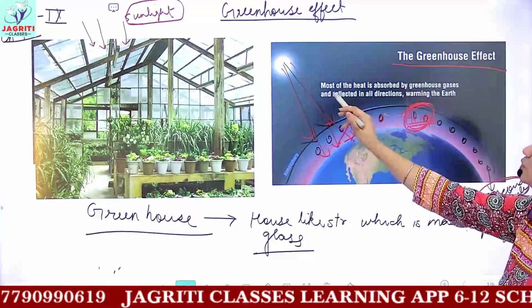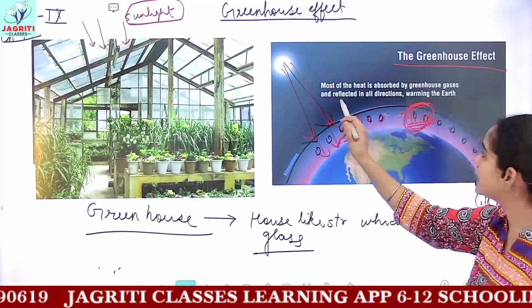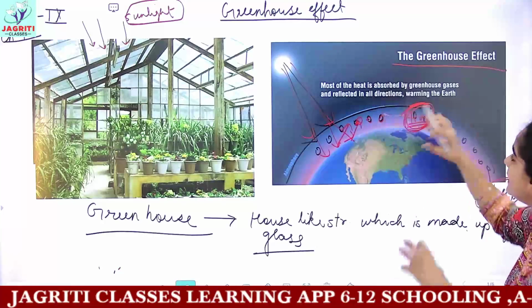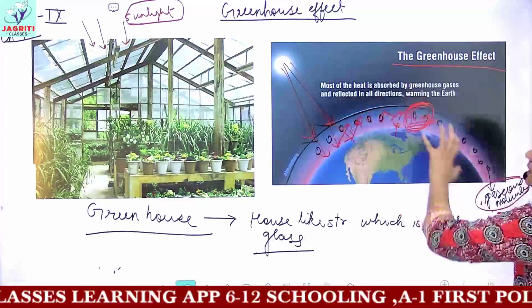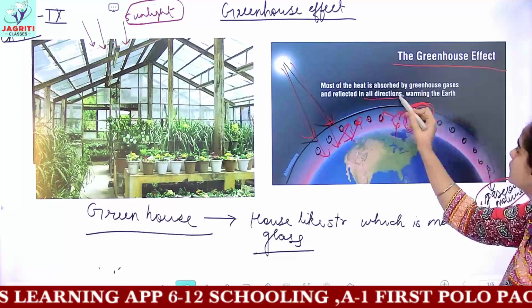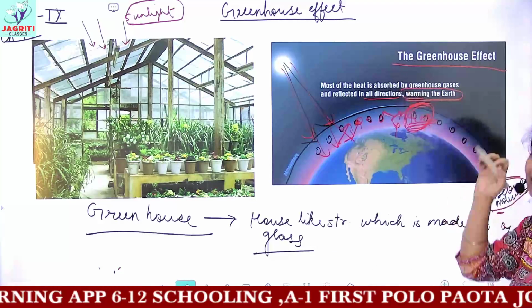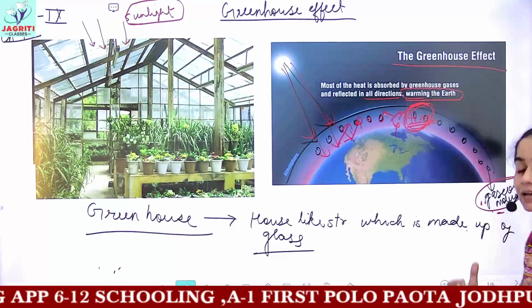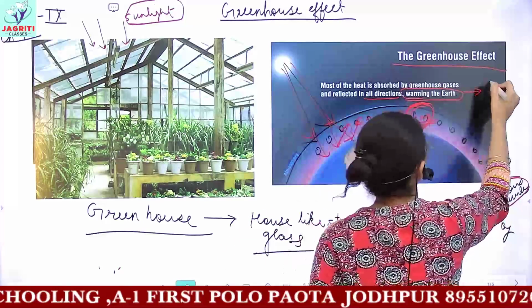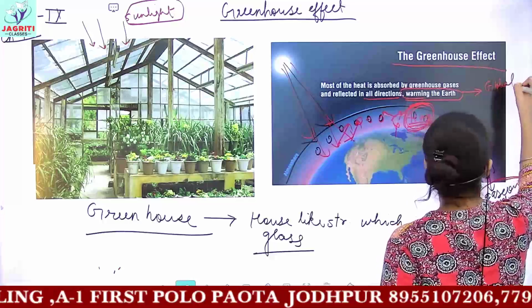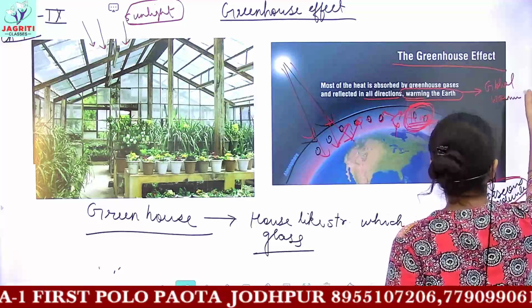So it is written, most of the heat is absorbed by the greenhouse gases and it is reflected internally only. The heat is reflected internally in all directions in the atmosphere, and it warms the earth. It is increasing the temperature of our earth day by day. So this process is also called global warming.